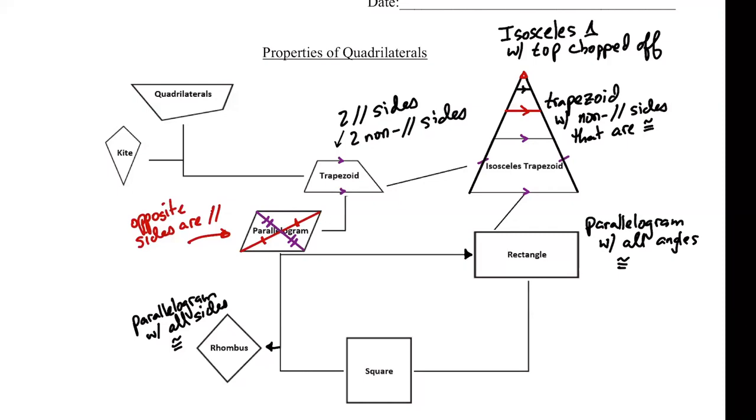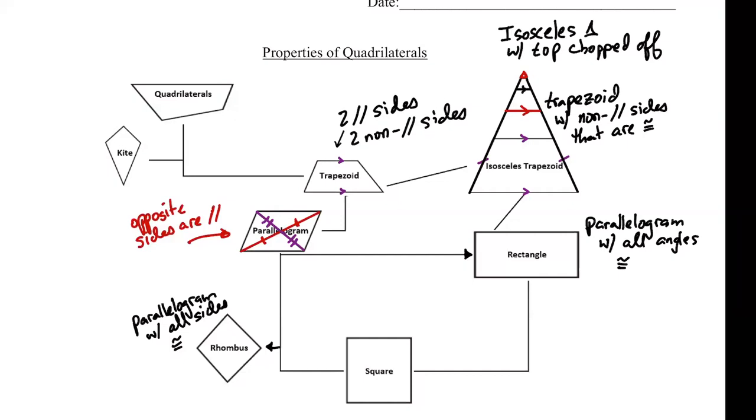So the general quadrilateral is the most straightforward, because all you have to do is demonstrate or prove that there are four sides to the figure. To make something a trapezoid, you need to have two parallel sides. To make something a parallelogram, the other two sides also have to be parallel. To make that parallelogram into a rhombus, not only does it need to be a parallelogram, all the sides have to be congruent.